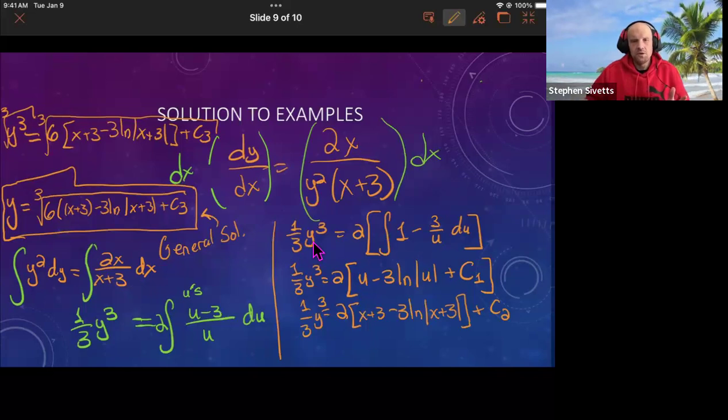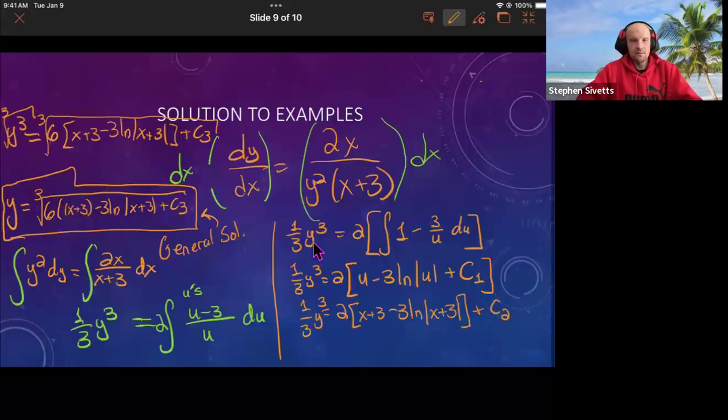So hopefully that made sense. And so that's about it for this technique. We will go over different types of first order differential equations, like linear differential equations, exact. And yeah, those are it off the top of my head.